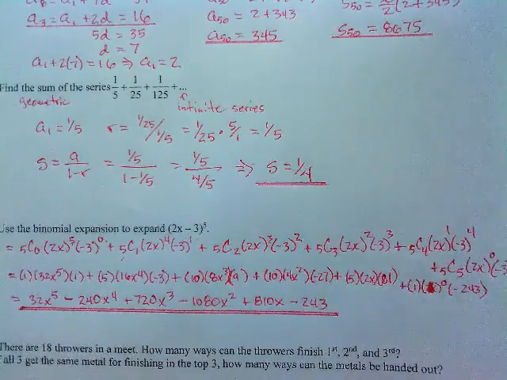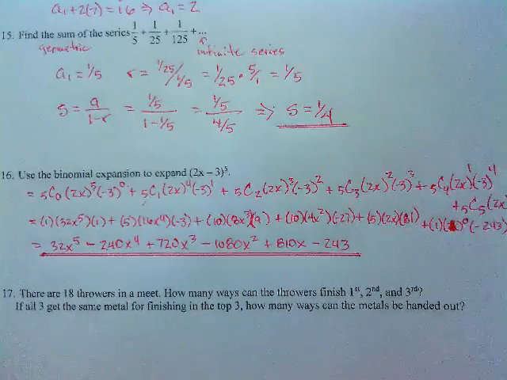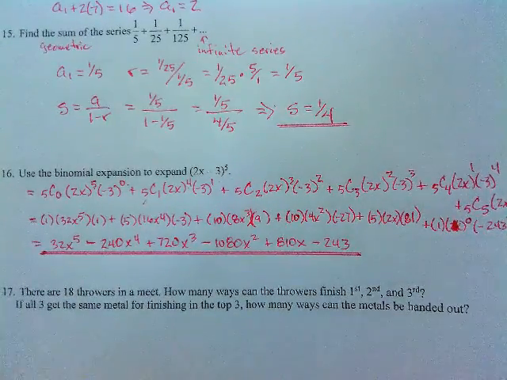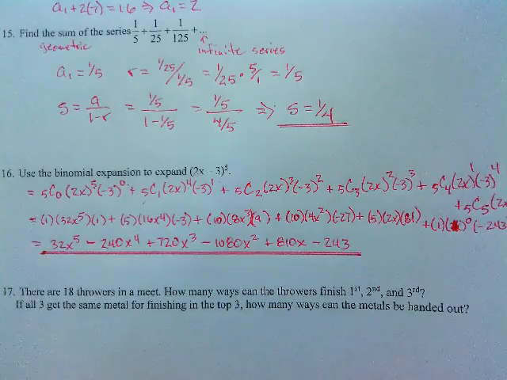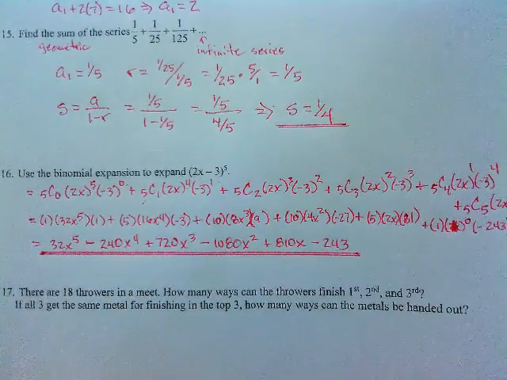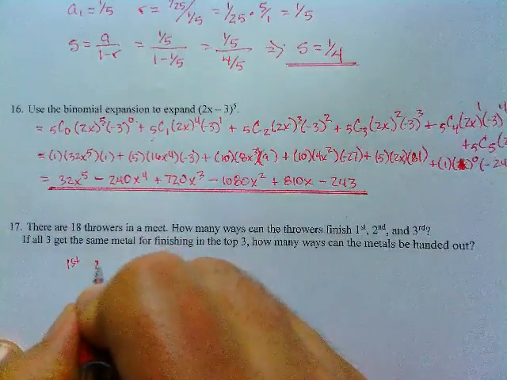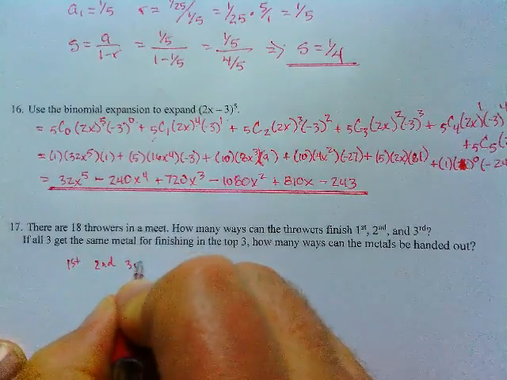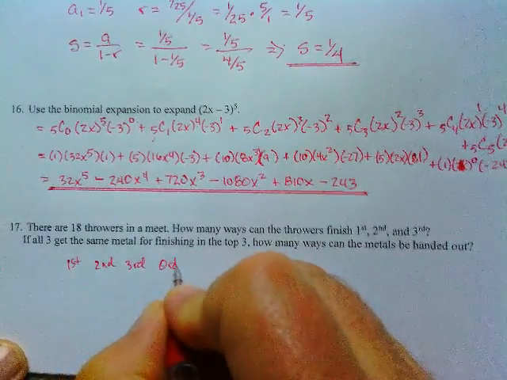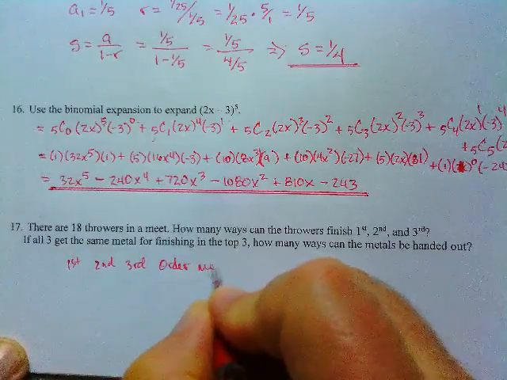Okay, problem 17. This is basically to use the nCr and nPr buttons, the key of which is nPr for order matters, nCr when it doesn't. So first, second, and third, order matters.